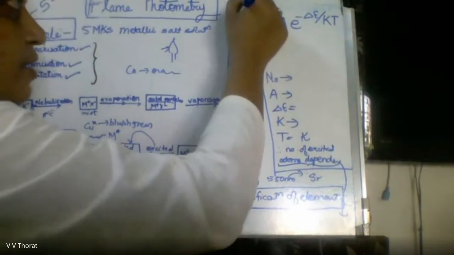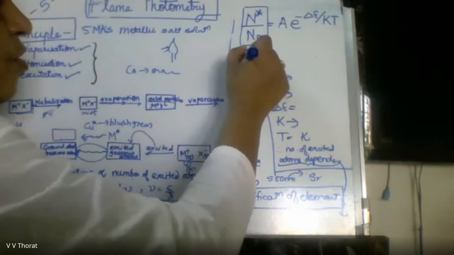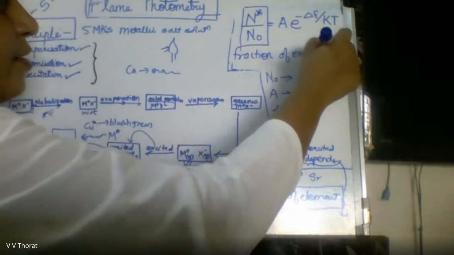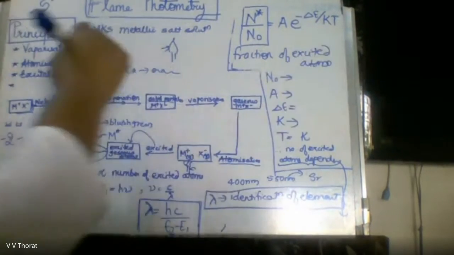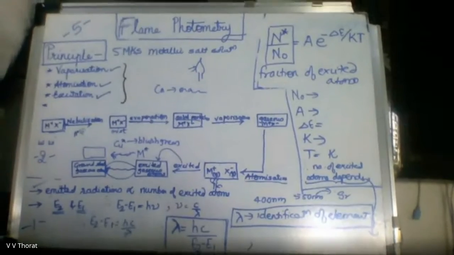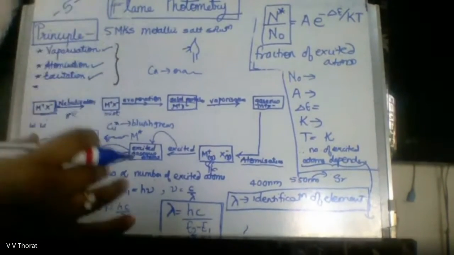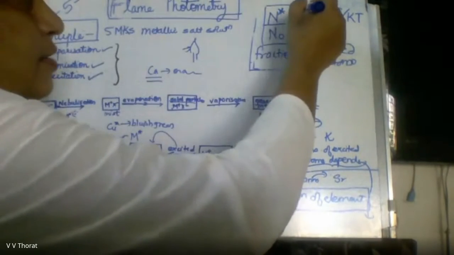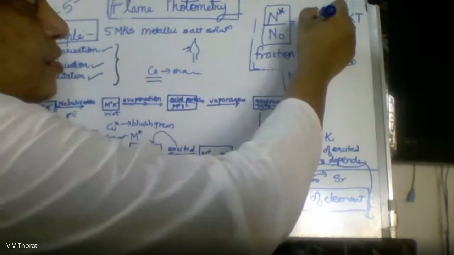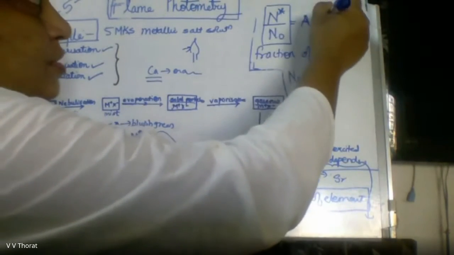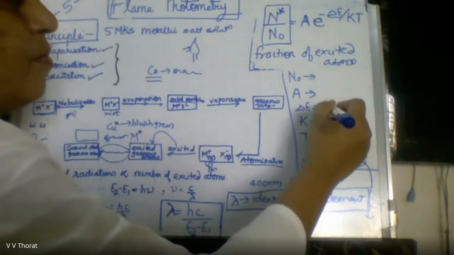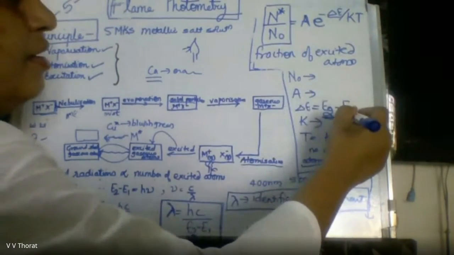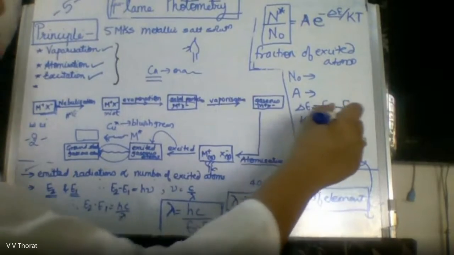So this fraction becomes the fraction of excited atoms. We are interested in how many atoms are excited. Why? Because then only you will come to know how much calcium is present in your solution. And here A is a constant, e is a mathematical constant, delta E is E2 minus E1, the energy of the atoms in the excited state. E1 is the energy of the atom originally present.